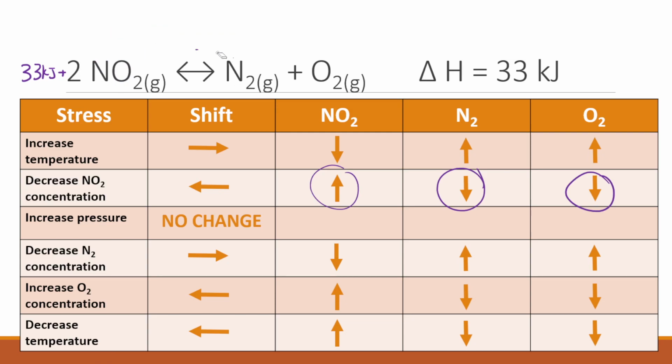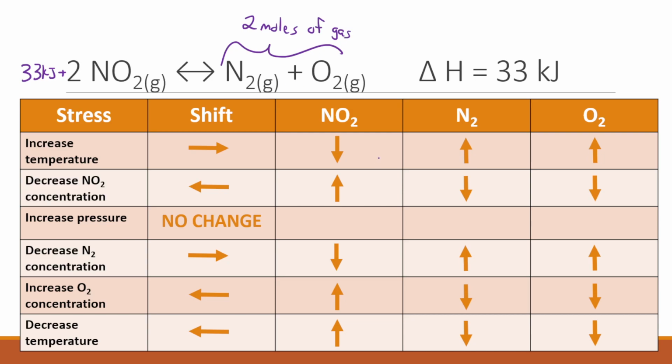Now, for this third one, I put no change. There's no change in the equilibrium if I increase the pressure here, or if I decrease the pressure, right? It doesn't matter increase or decrease here. Now, why is that? The reason for that is because there are 2 moles of gas on the right side of the equation, and there are also 2 moles of gas on the left side of the equation.